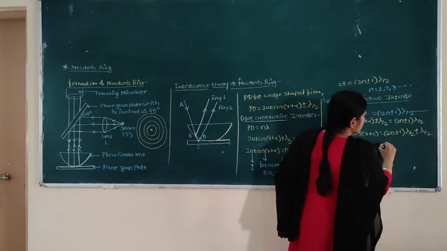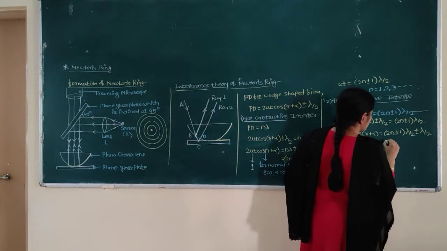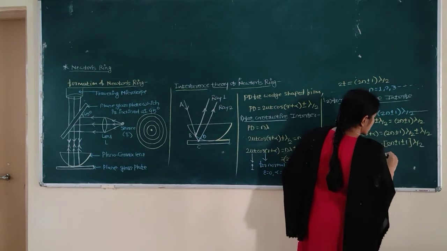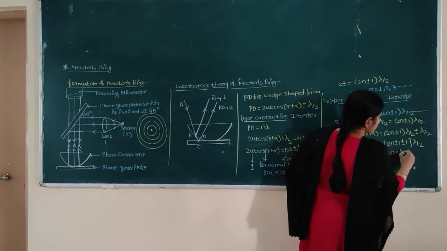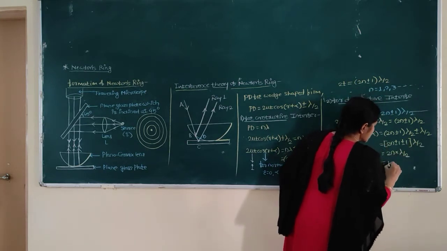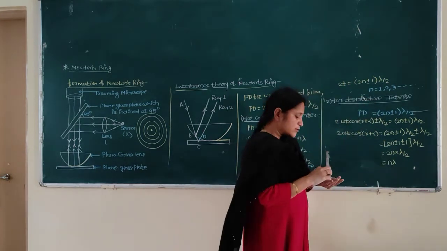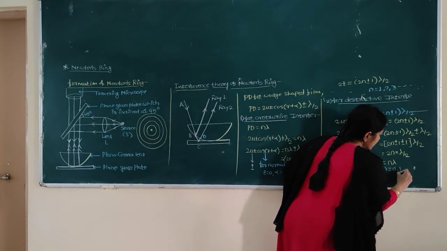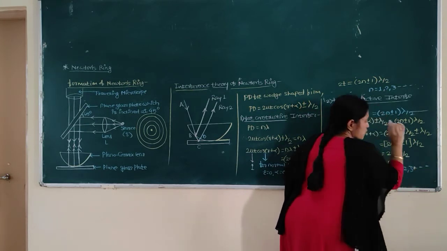Okay. Now here λ/2 will take n equal to 0, 1, 2, 3 and so on.